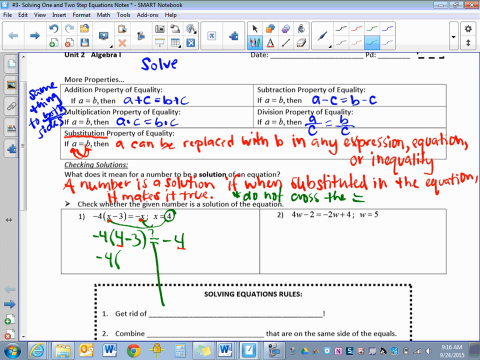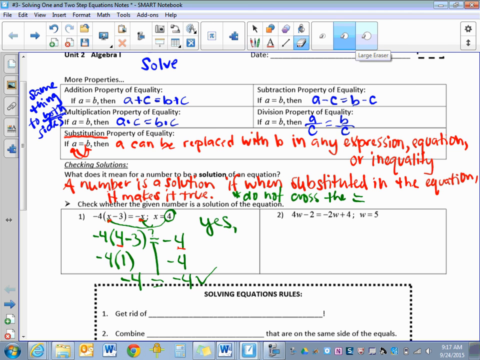Good. Alright, we still don't know if it's equal yet. I'm going to go ahead and bring this down. Negative 4 is just negative 4. What is negative 4 times 1? Negative 4. So they are indeed equal. So then I know yes, it is a solution. x equals 4 is a solution.